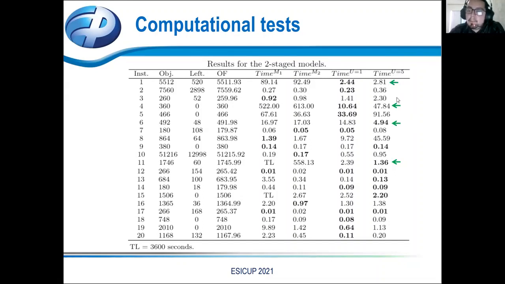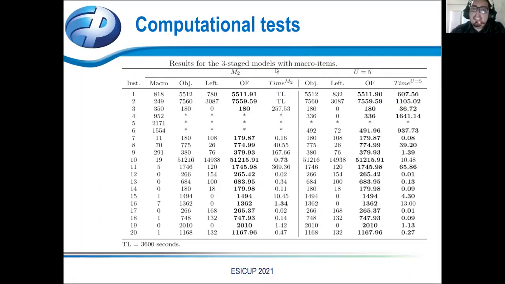And here, with the green arrows, are the instances where our model found the optimal solution in a really short time compared with the models from Andrade.